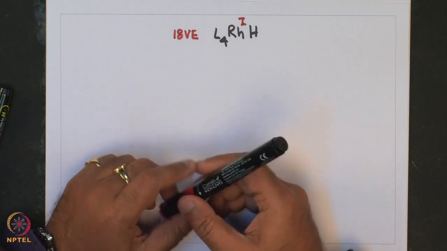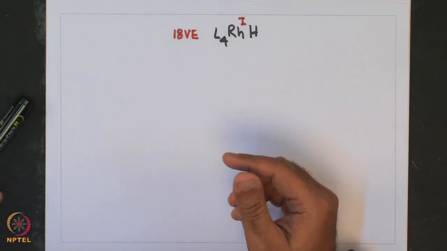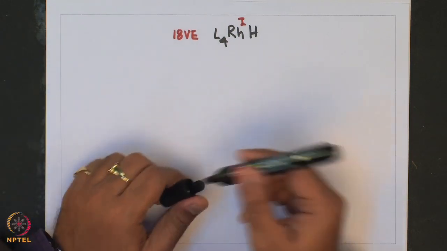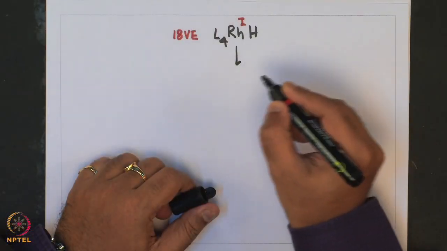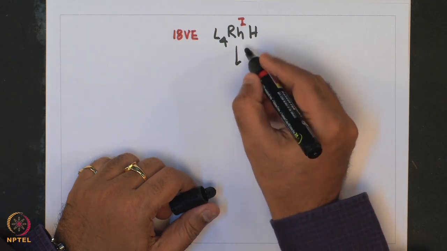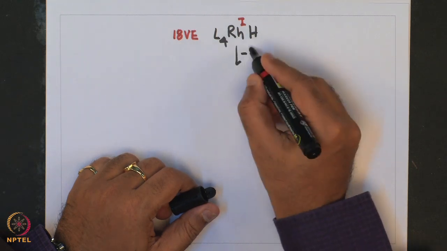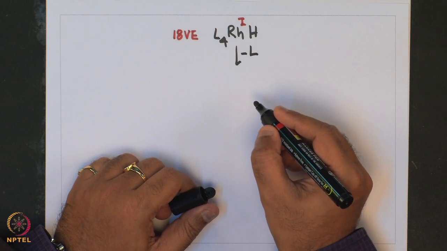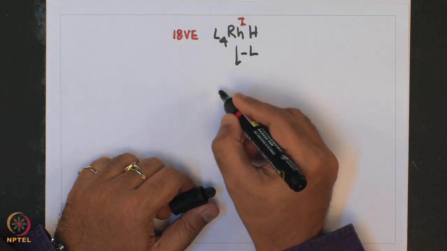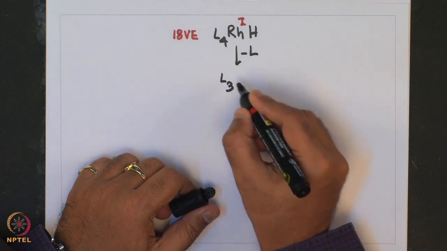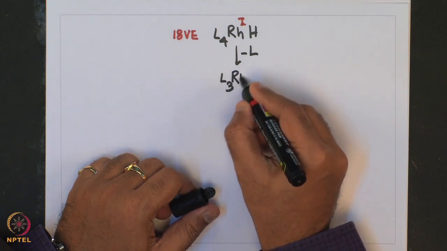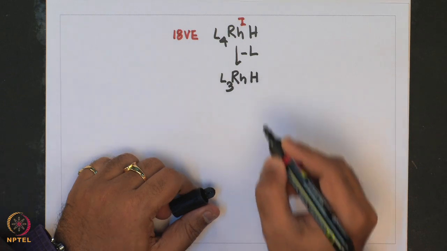So, that being the case, this may be considered as being catalytically inactive. So, this precatalyst enters the catalytic cycle by elimination of one of the L ligands, giving rise to the L3 rhodium hydride complex.